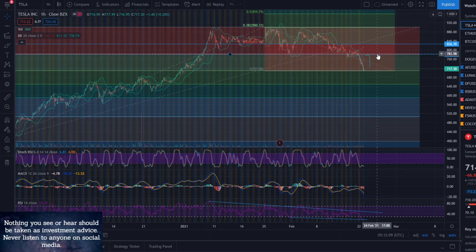I'm playing this in the manner of weekly call options. Don't play with calls if you don't know what you're doing, my friends. It is a kid playing with fire, and you can very quickly get burnt. So I'm playing weekly call options, which I am going to try and hold for 24 to 48 hours, see this little 10% pop, get out, and let it do its thing from there.